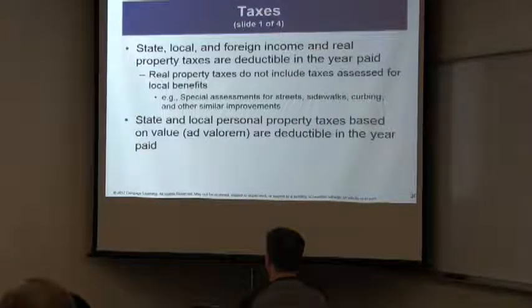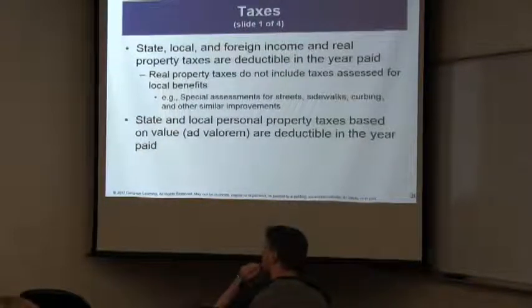So we have real property taxes, and some states have taxes on personal property. So these are things like cars, boats, computers, things like that, something that's not real property. One thing to note with personal property taxes, you only get to deduct what is an ad valorem tax.